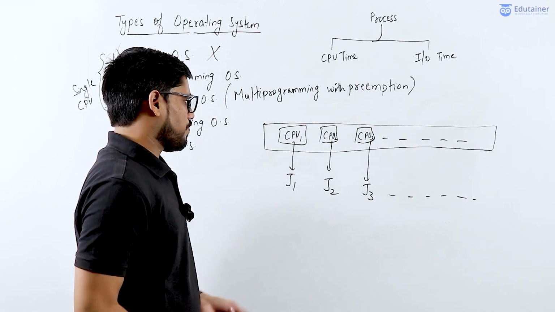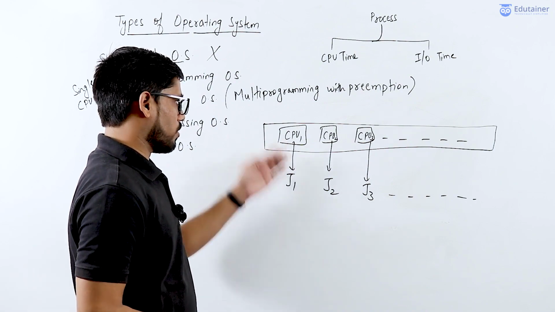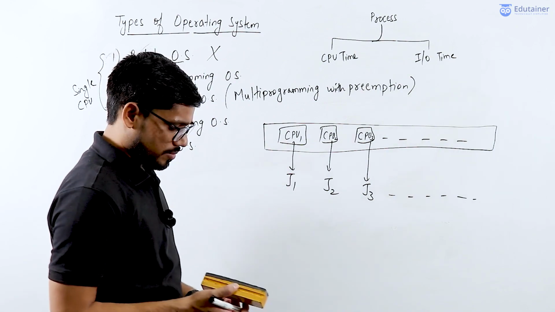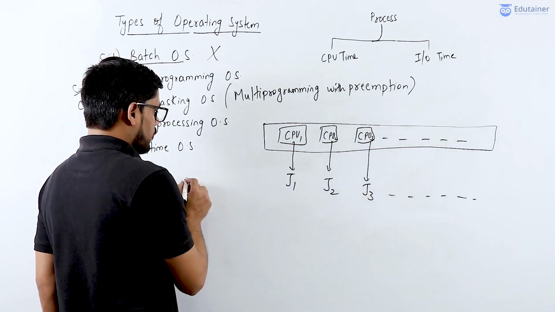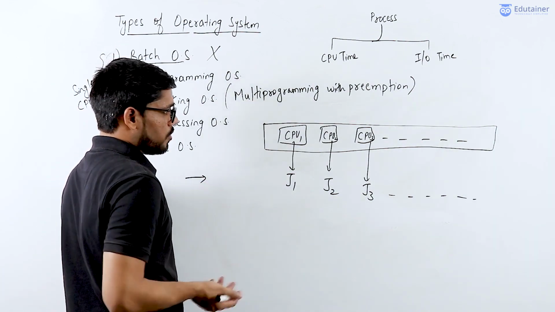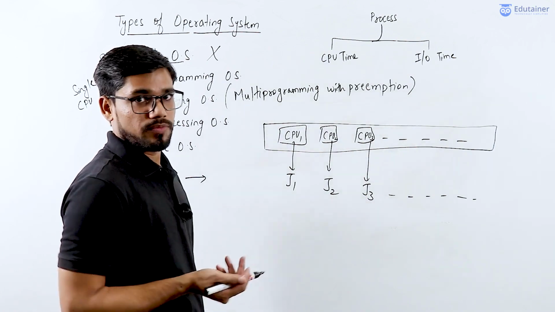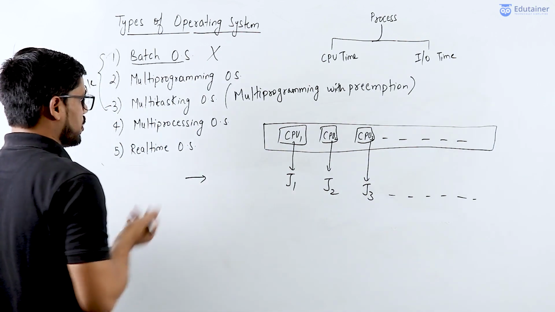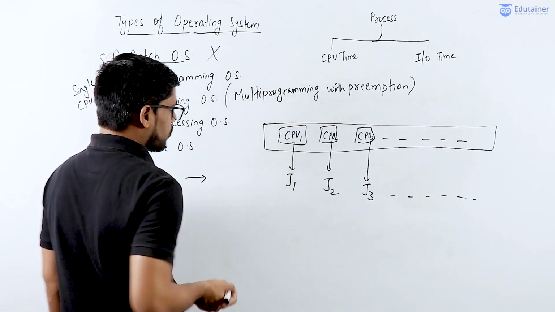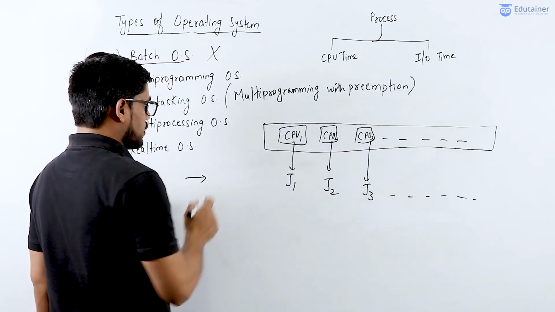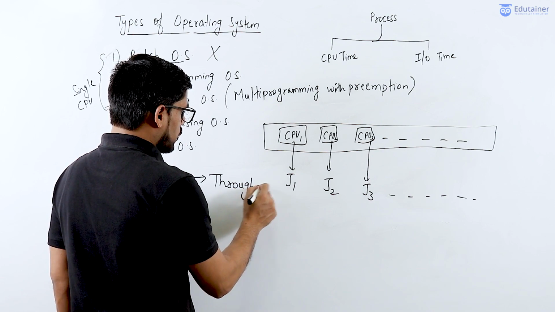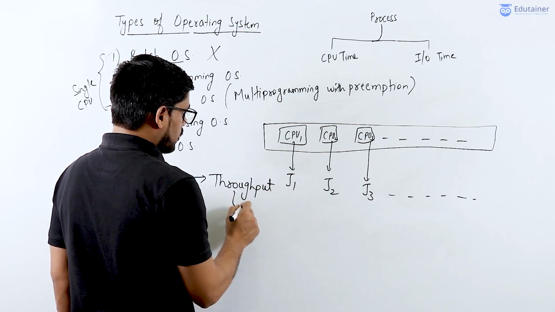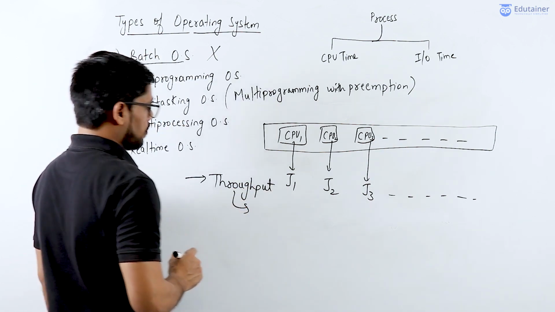So what happens if each processor or each CPU is doing different jobs, then definitely the number of jobs finished per unit time will be more compared to multitasking or multi-programming. The number of jobs finished per unit time is nothing but throughput. So throughput is very high in multiprocessing operating system.